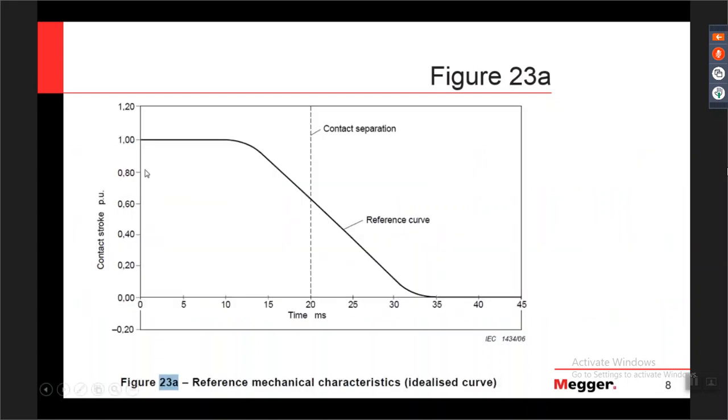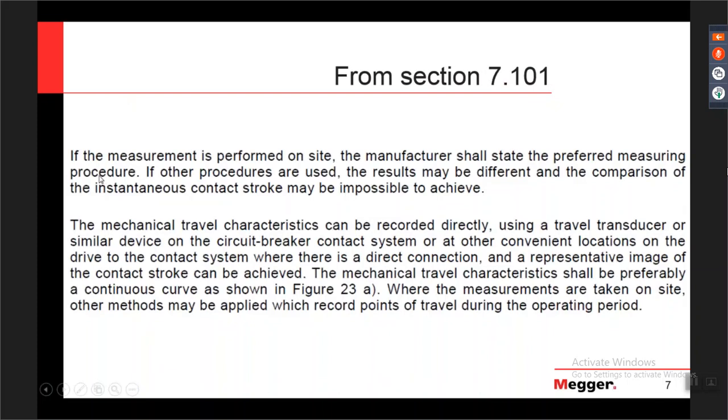This is important, I think, because this means that manufacturers have a responsibility to explain to customers how to do the motion measurement.